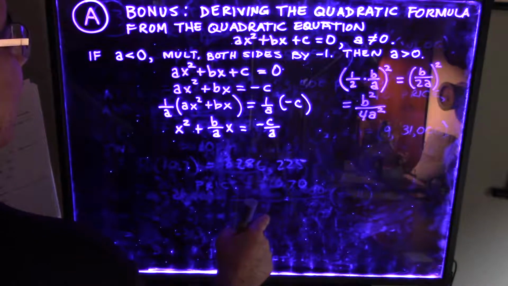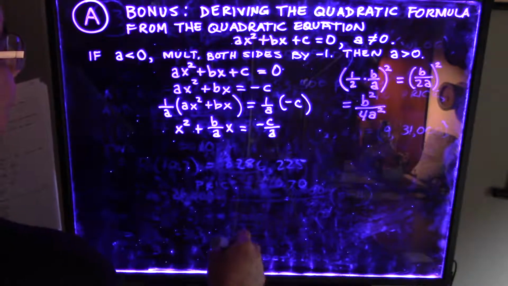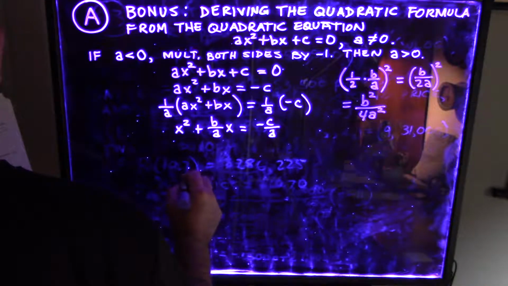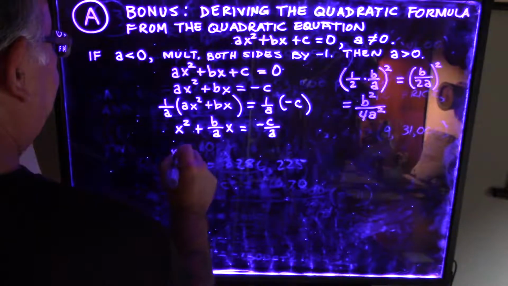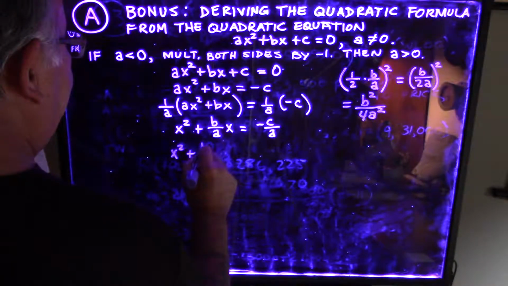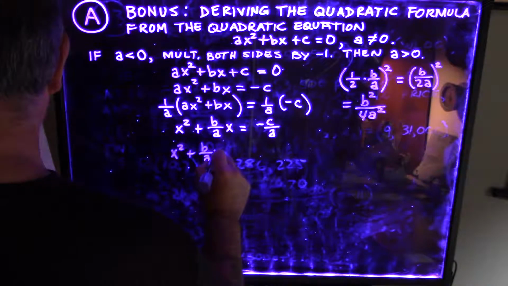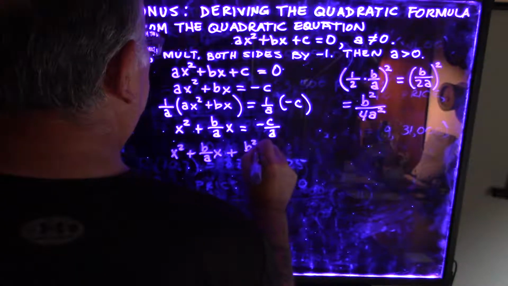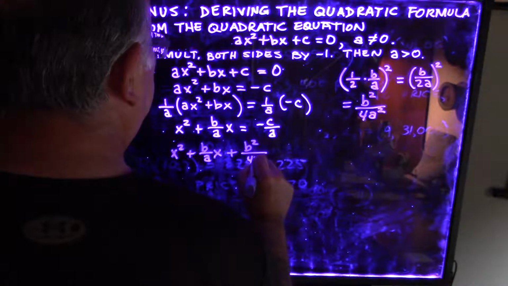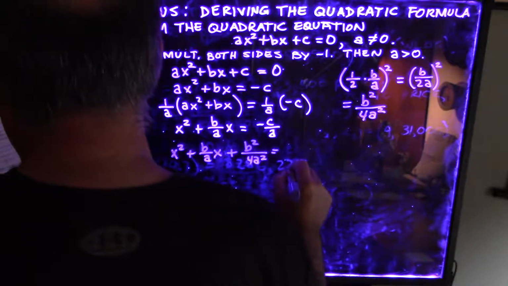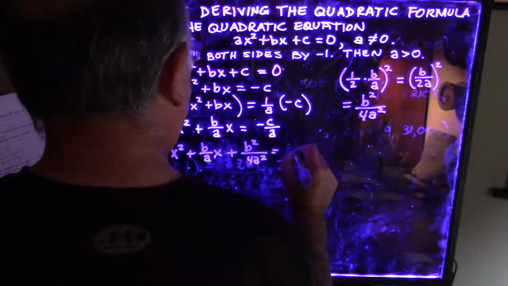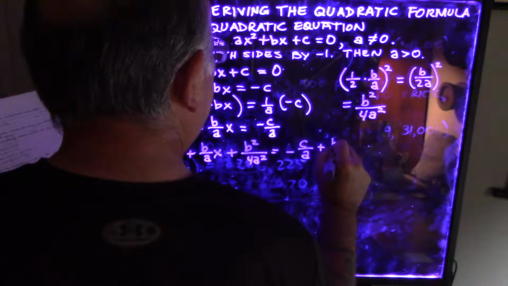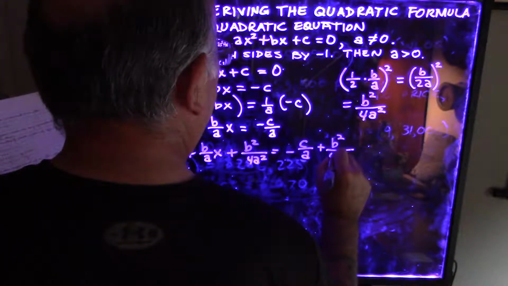Now, you remember we did adding and subtracting. Well, that's the same as adding it to both sides, alright? So what we have then is x squared plus b over a x plus b squared over 4a squared equals -c over a plus b squared over 4a squared.